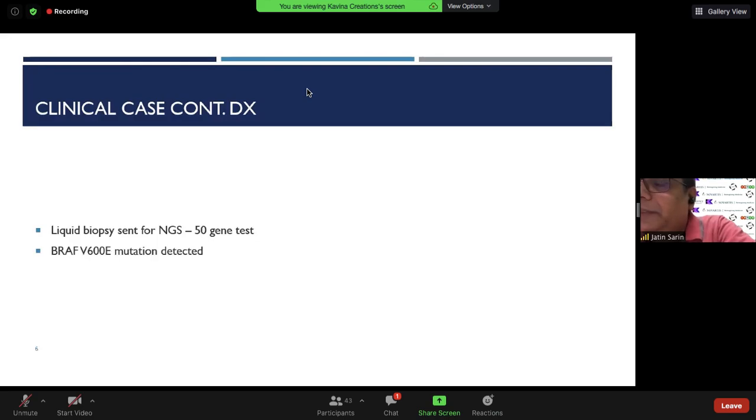From the panelists, everybody, whether the liquid biopsy is enough for them, or would you check for BRAF test on a tissue block? I think liquid biopsy is good enough to start the treatment.